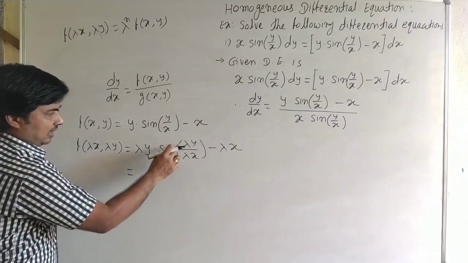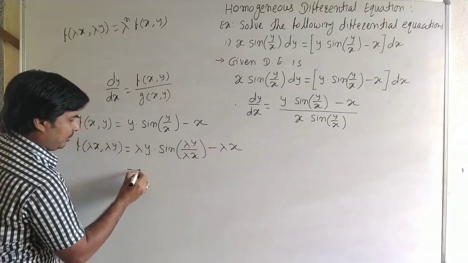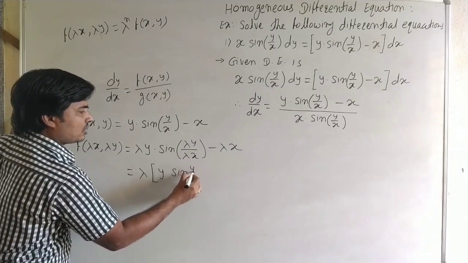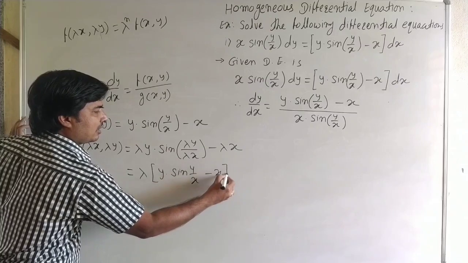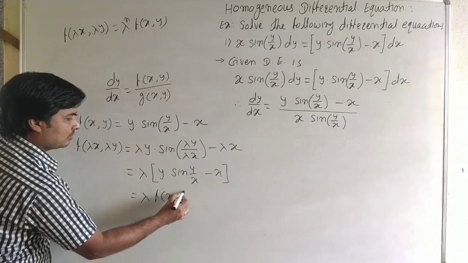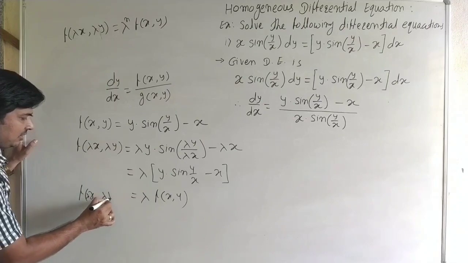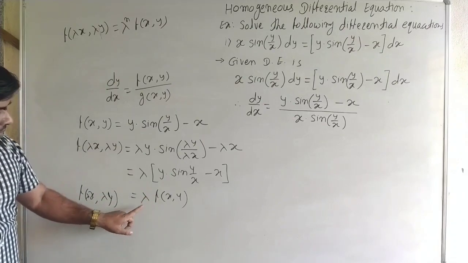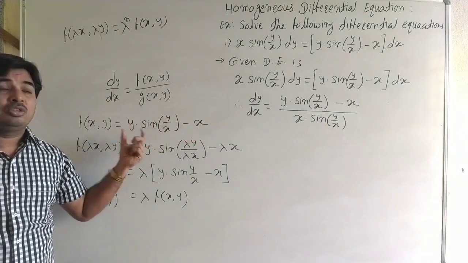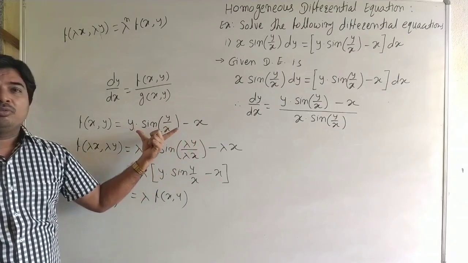Then this lambda gets cancelled in y by x, and we take lambda common, then we get lambda times y sine y by x minus x, which is lambda into f of x comma y. That means lambda to the power 1, so it is a homogeneous function of degree 1.